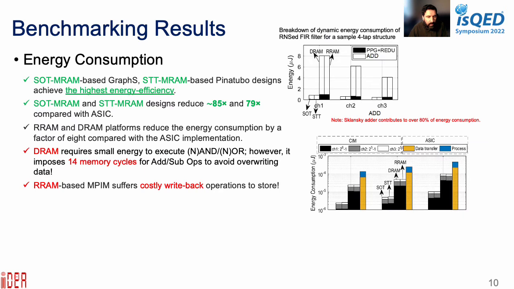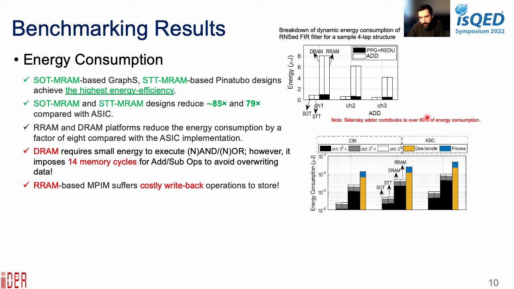So here is the plot related to the breakdown of energy consumption of RNS FIR filter for a sample 4-tap structure implemented with various PIM candidates. So top figure shows dynamic energy consumption considering PPG and redo parts in every channel.